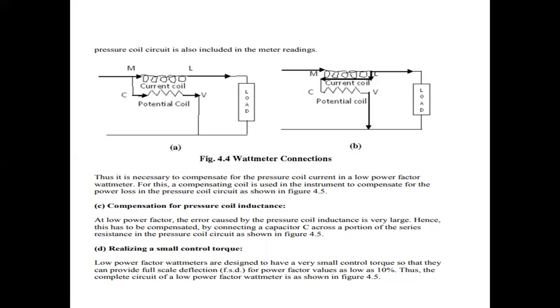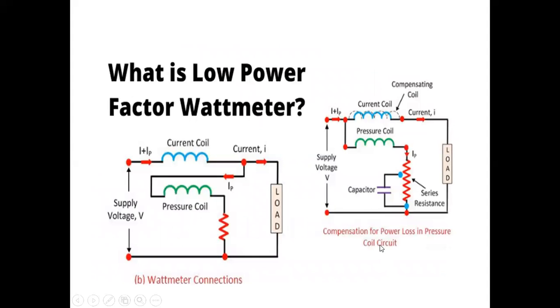At low power factor, the error caused by the pressure coil inductance is very high. Means at low power factor, for an inductive load, the effect of the coil inductance should be compensated. Here, this is done by connecting a capacitor across a portion of the series resistor in the pressure coil circuit.